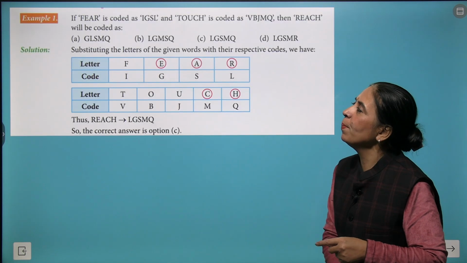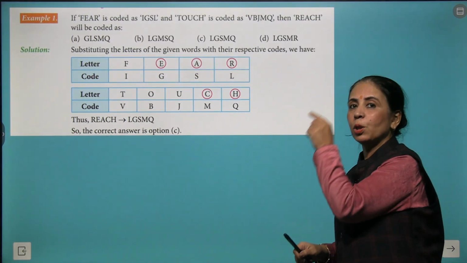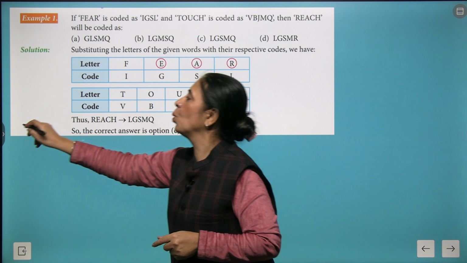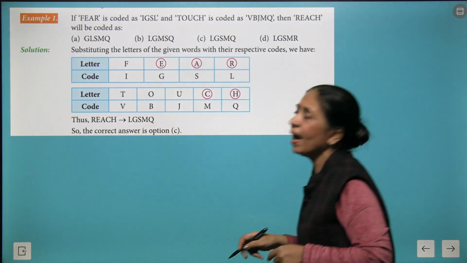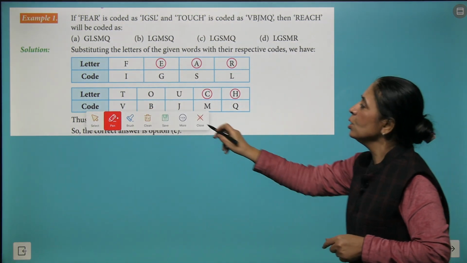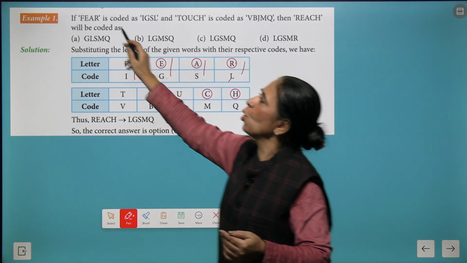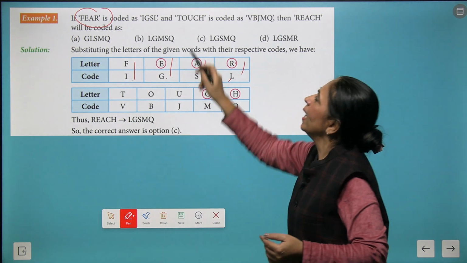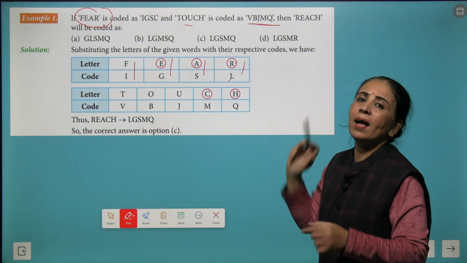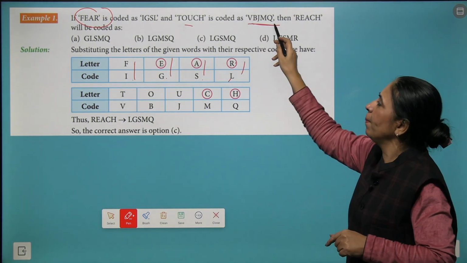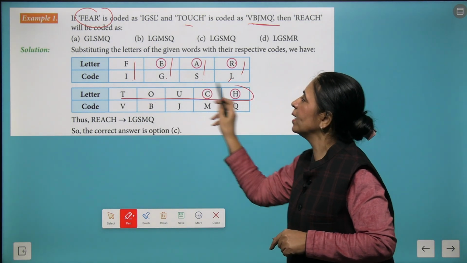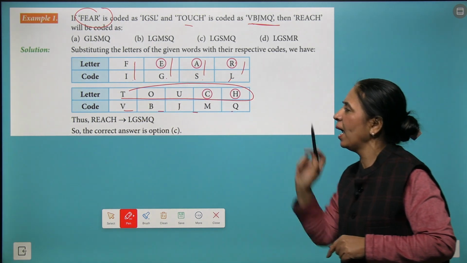Now let's try more questions. Here the word fear is coded as IGSL. So here we have written the code for every alphabet of sphere, right? Then touch is coded as VBJMQ. So touch is written as VBJMQ.